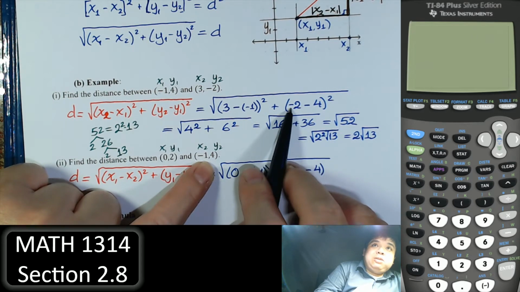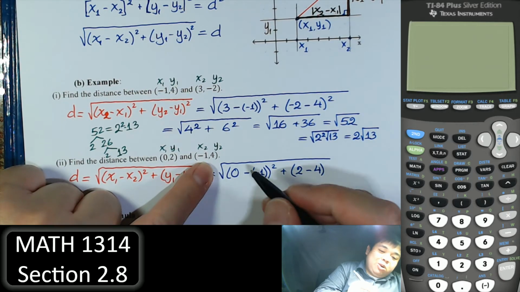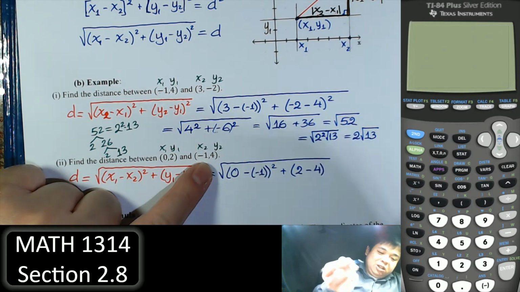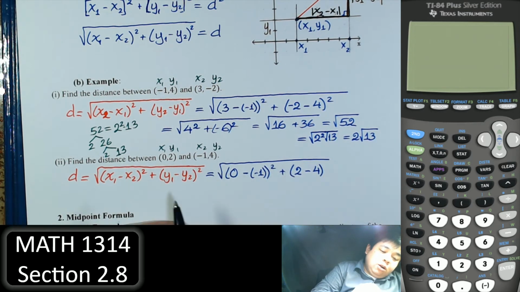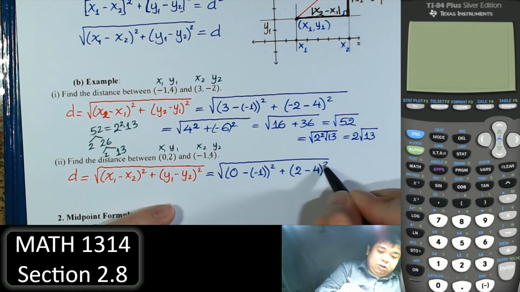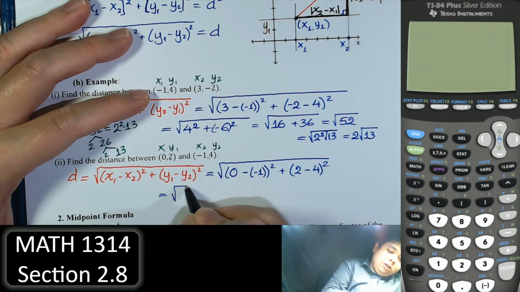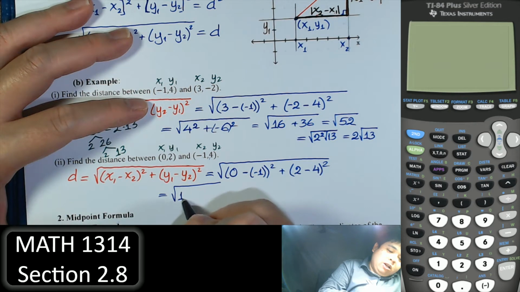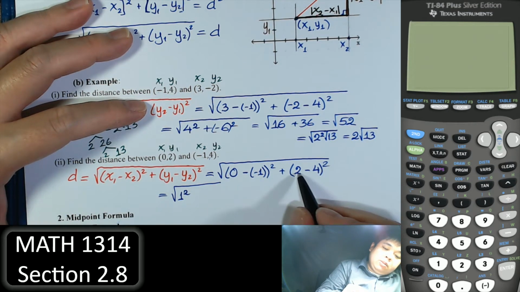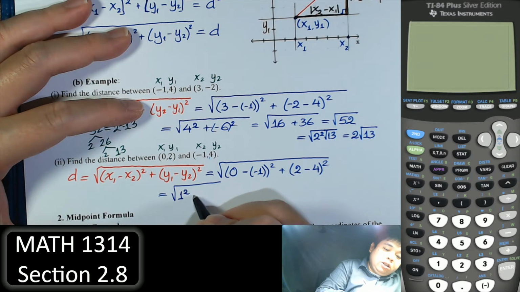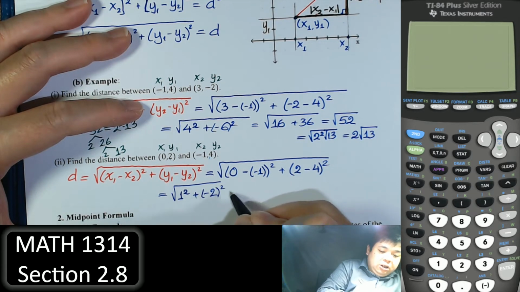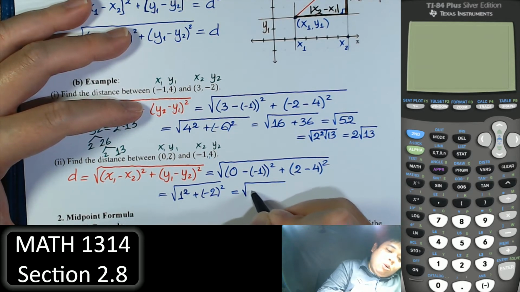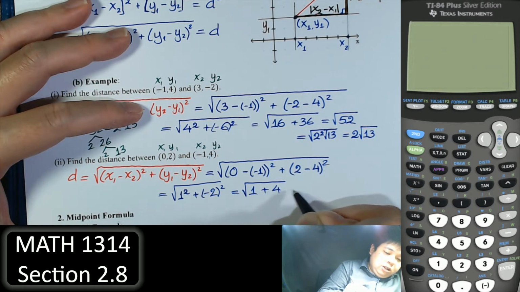Here we have -6 squared. It's just the same as 6 squared. It doesn't matter. Still 36. So 0 minus, so that's 1 squared. 2 minus 4, minus 2 squared. So I have 1 plus 4, so just the square root of 5.